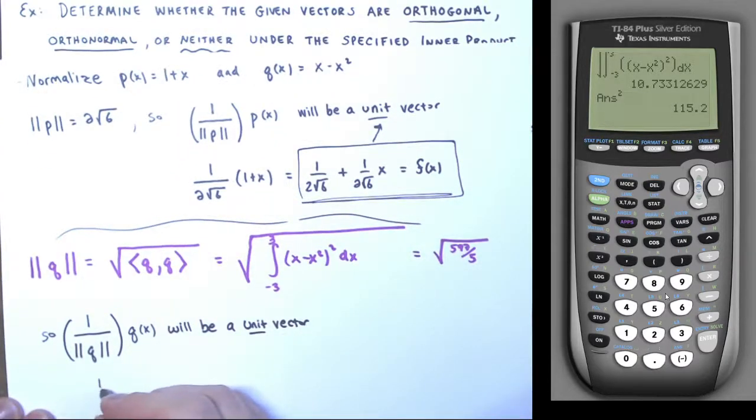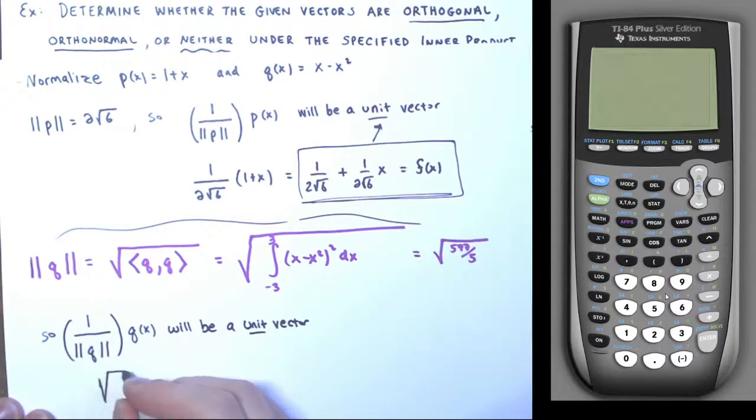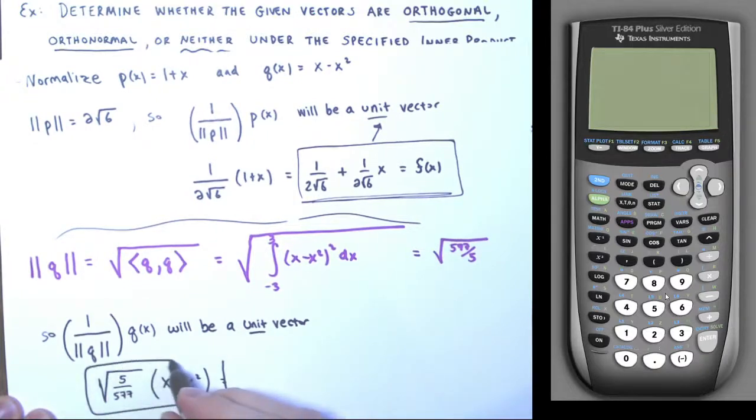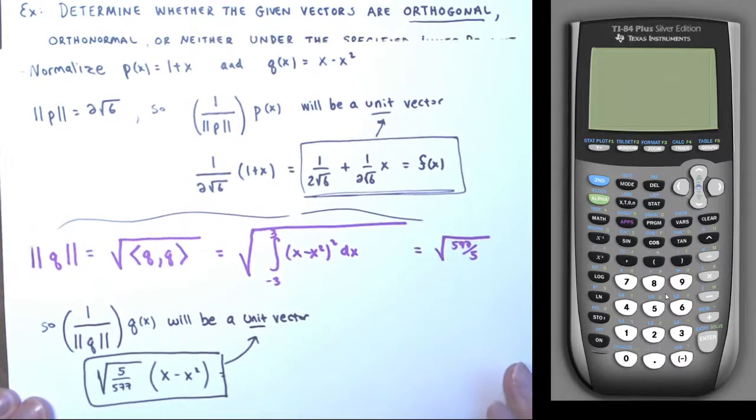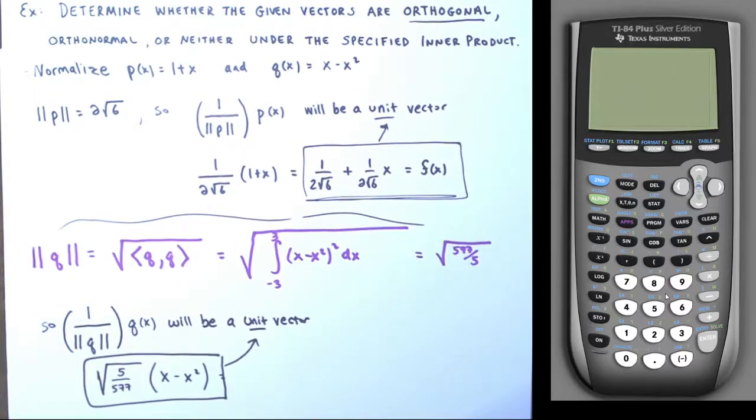Instead of the square root of 577 fifths, it'd be the square root of 5 over 577. That'd be the reciprocal, times Q of x, x minus x squared. And, well, let's leave it at that. You can distribute the square root if you want, but there you go. This is a unit vector, a vector with a norm of 1 under this inner product, this integral inner product.